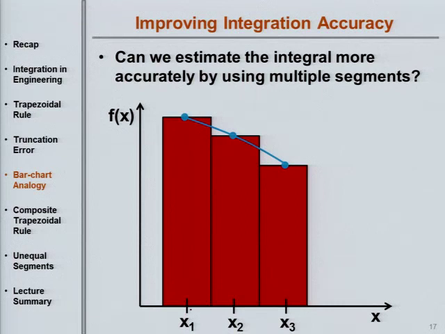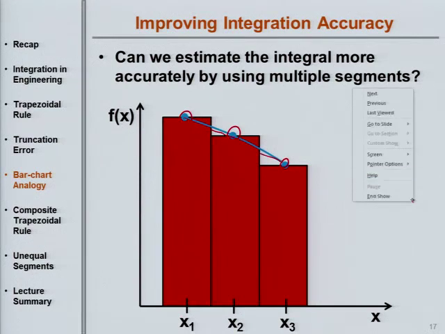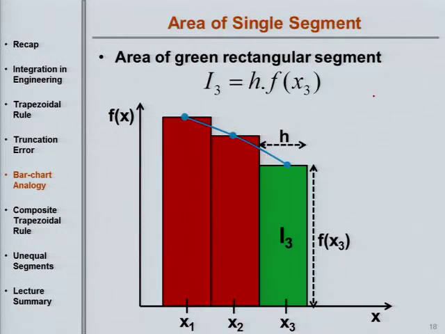Okay, so if we've got our function going from x1 to x3, we could maybe fit 3 trapezoids there. We've got the function values in the center. And effectively, we're drawing 2 separate straight lines, one between those 2 points and one between those 2 points. Well, in actual fact, the very simplest way of doing this integral is not to use trapezoids at all.